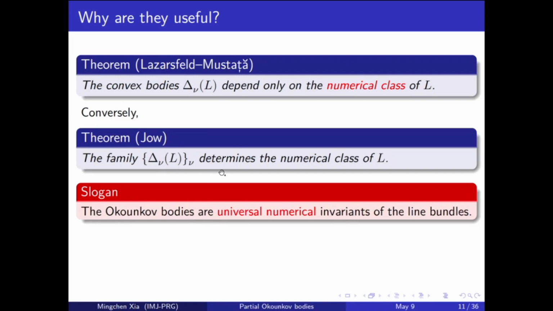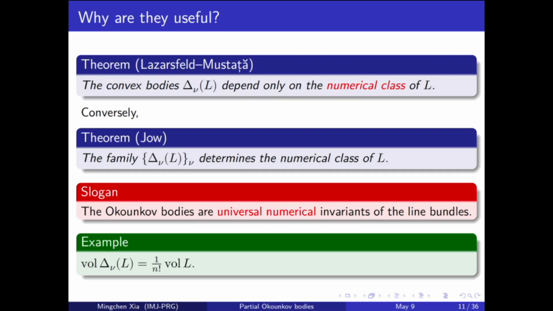By universal, I mean, first of all, they're invariants of the line bundles. And secondly, due to the theorem of Zhou, if you know these Okounkov bodies, you know every other numerical invariant of L. So in that sense, we say that these are the universal numerical invariants.